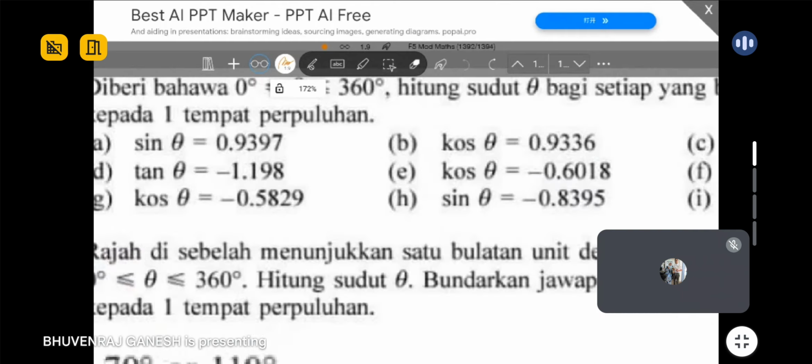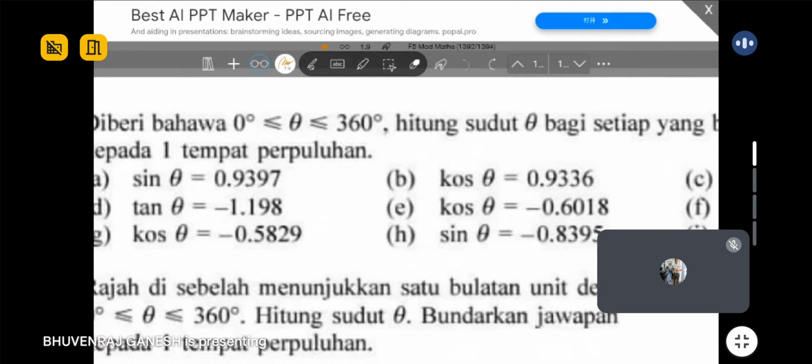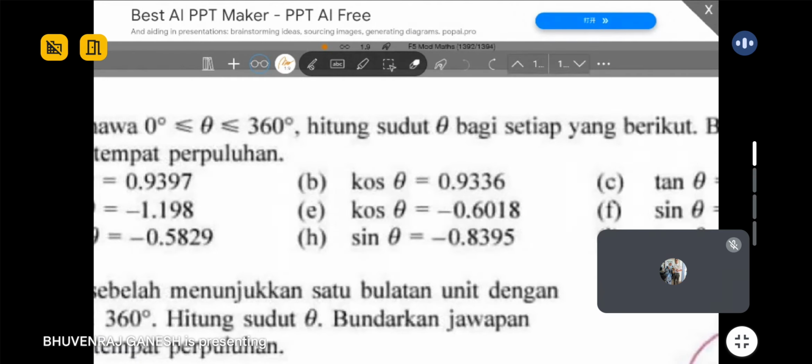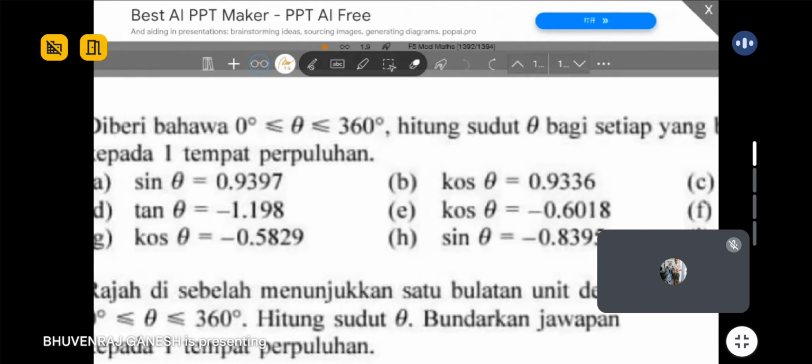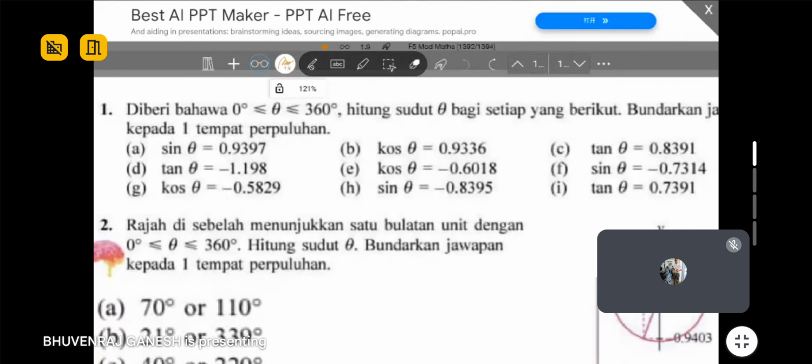Okay guys, so for this one I will choose again. Saya akan pilih sahaja. Tak apa, kamu semua pilih lebih bagus. What question you all want me discuss, guys? A to I. Yang mana kamu rasa susah?